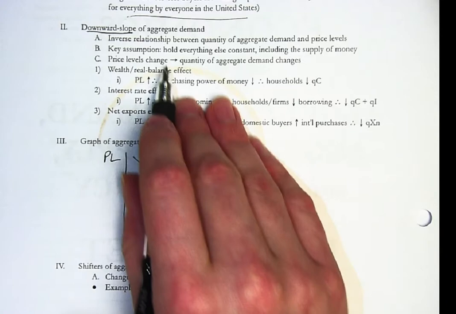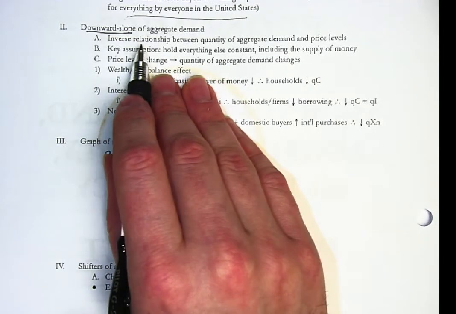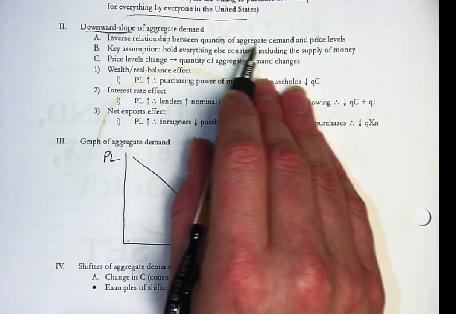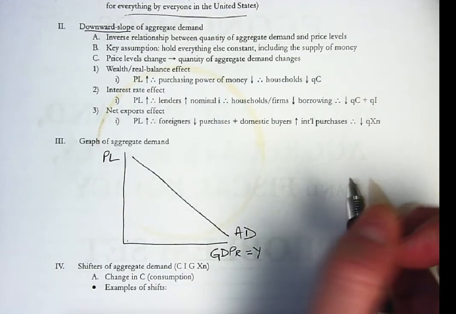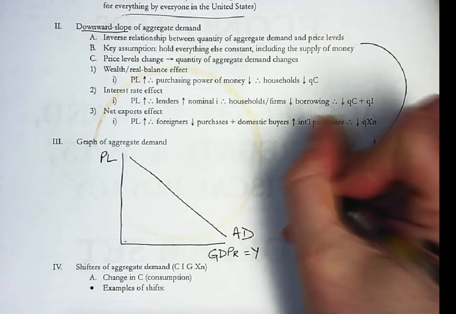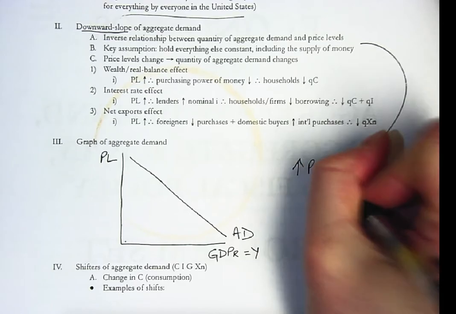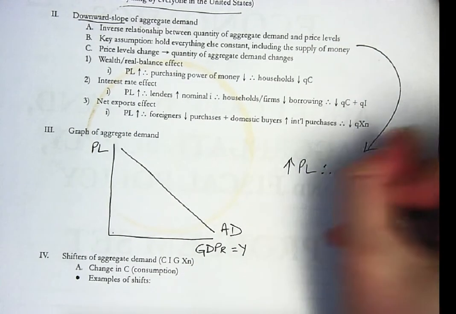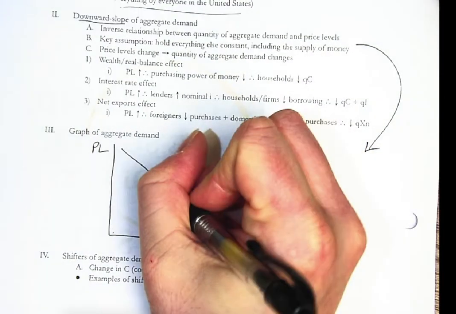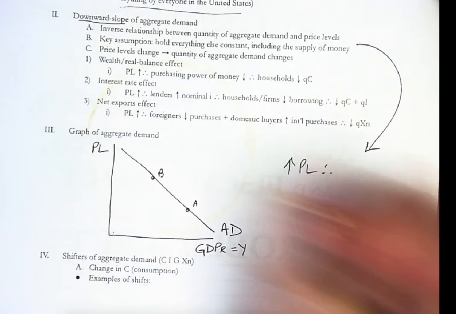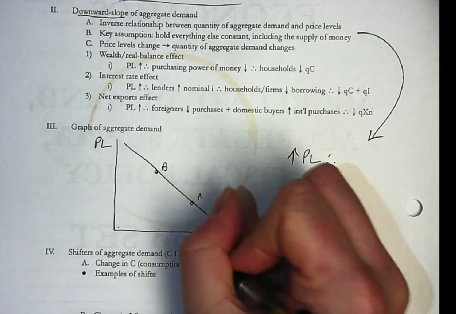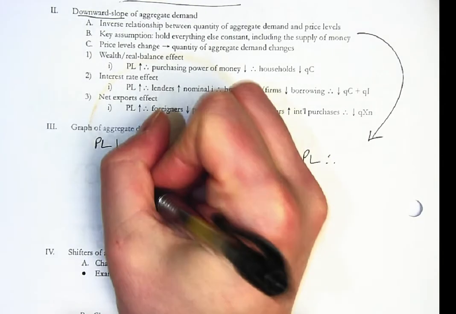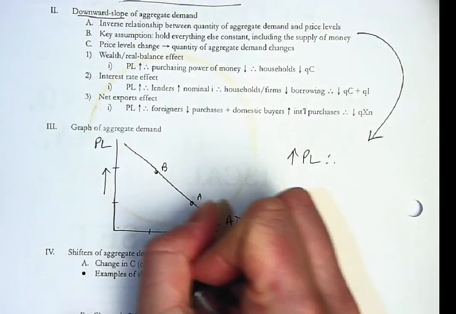Now, the downward slope of aggregate demand tells us there's an inverse relationship between the quantity of aggregate demand and the price levels. So in other words, if price level goes up, so we go from point A to point B on our graph, what happened to the aggregate demand?